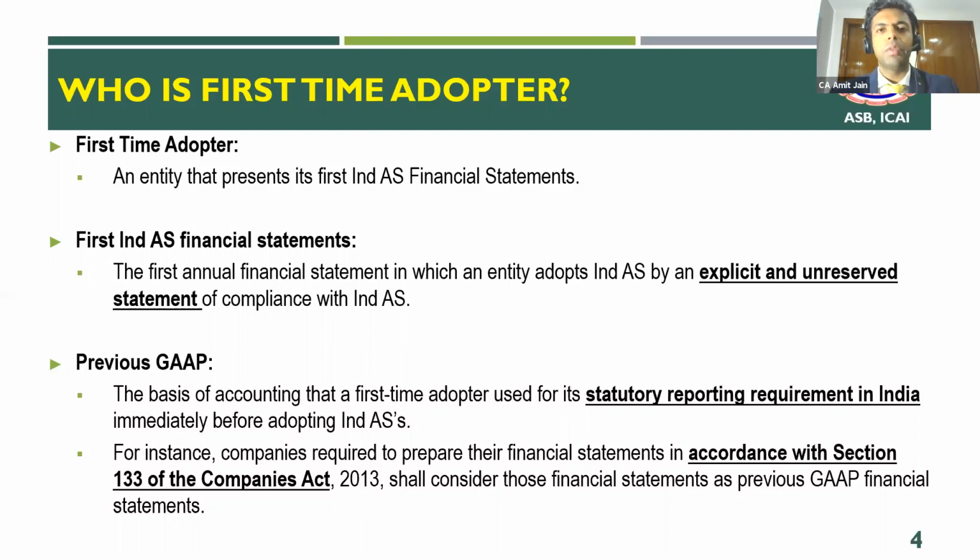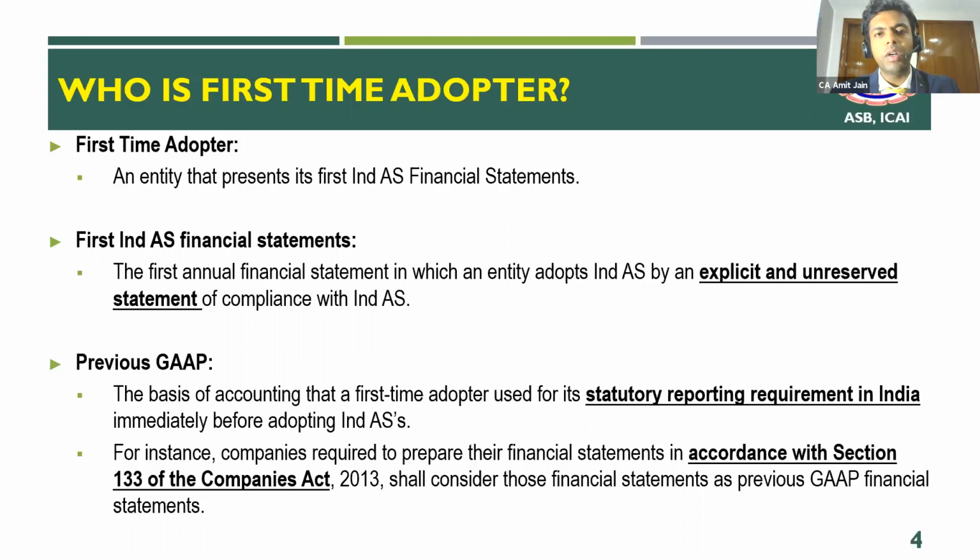Now apply this principle of previous GAAP practically. In India, for the purpose of statutory reporting, we have only one statute from the accounting perspective, which is MCA, right? Ministry of Corporate Affairs. So if any company is filing its accounts to MCA prior to adopting IND-AS, that financial statement is considered to be a previous GAAP. And that previous GAAP shall be in accordance with Section 133 of the Companies Act.